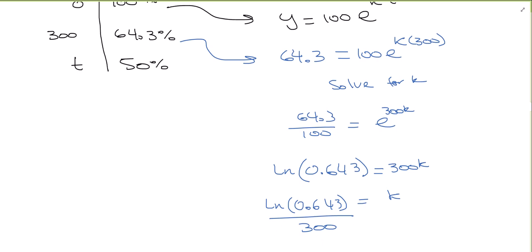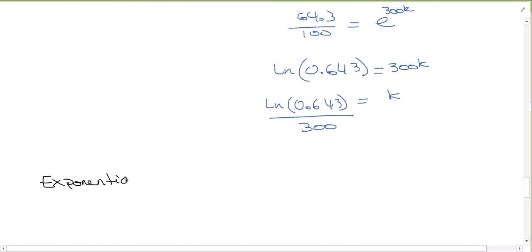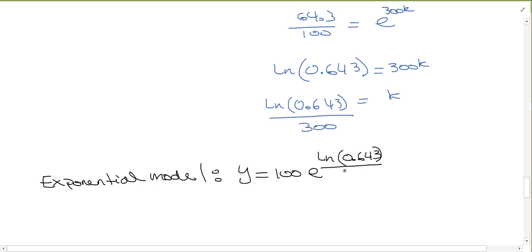Now we can rewrite our exponential model for this particular problem. It will be y equals 100 e to the kt, where k is ln of 0.643 over 300, times t.